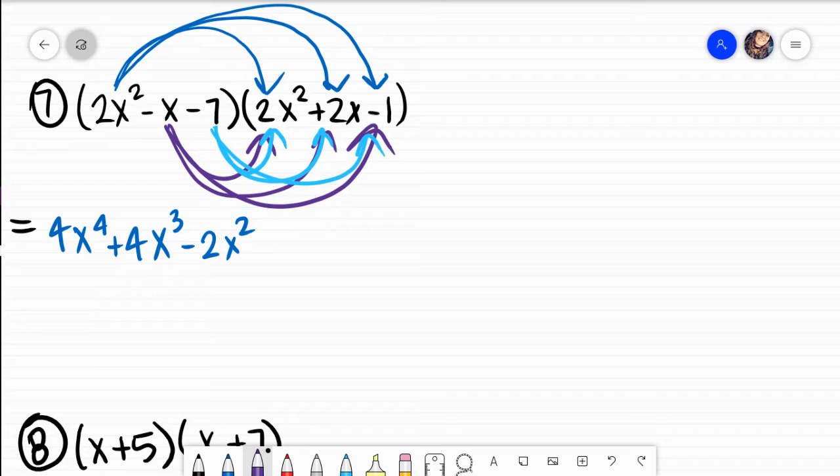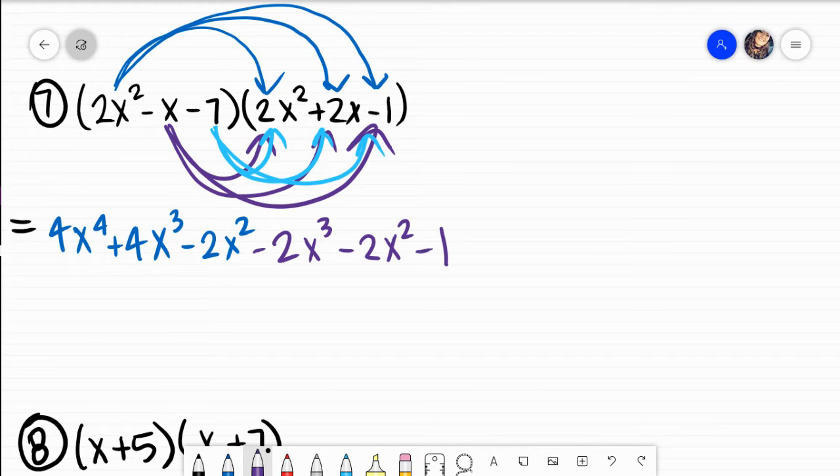Let's change to purple. Negative x times that right-hand side polynomial, that's a negative 1, right? So 1 times 2 is 2. Signs are different, so it's negative. X times x squared is keep and add. Negative 1 times a positive 2 is a negative 2, keep and add. Okay, so that's a 1, right? That's an invisible 1 with that x. 1 times 1 is 1.